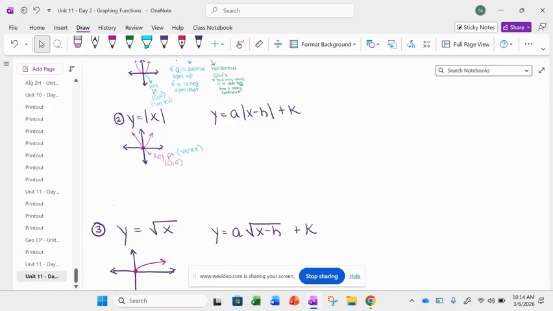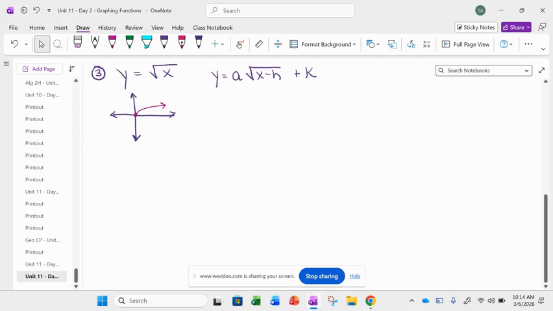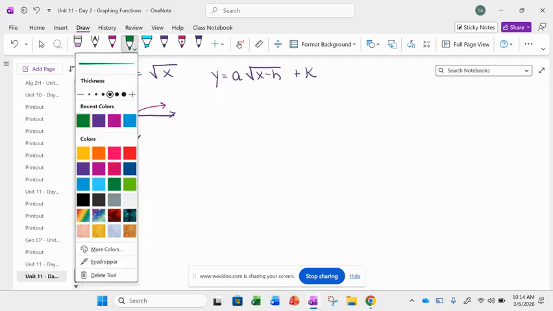Okay, before we do the problem, there's just two more things I want to write down. I want to know how to find the x and y intercepts.